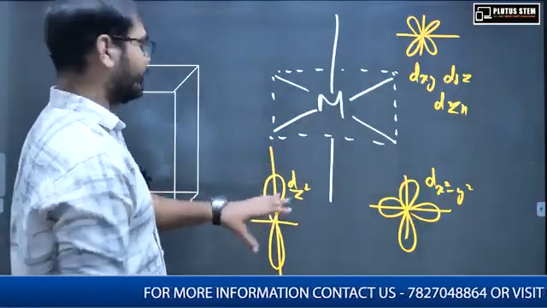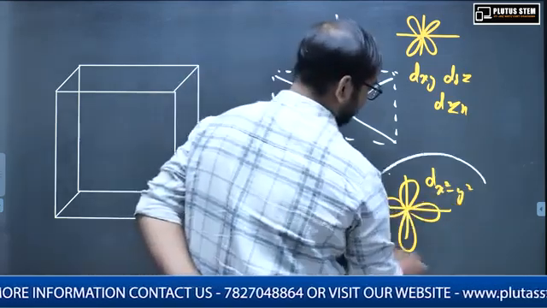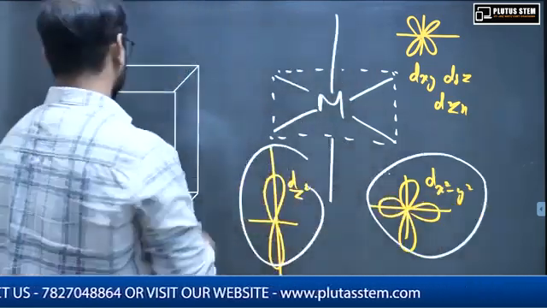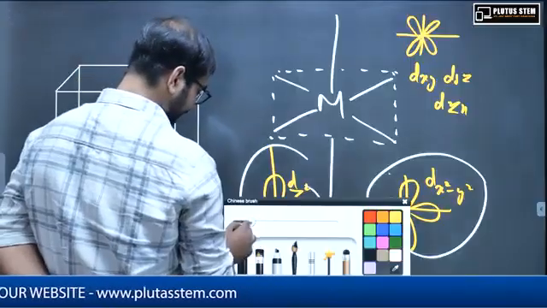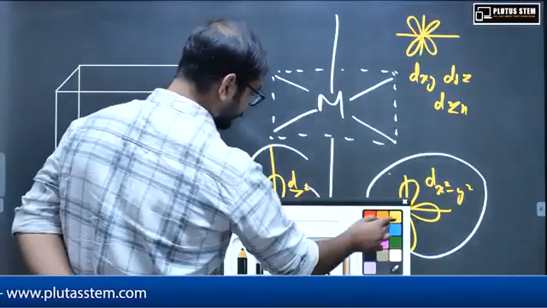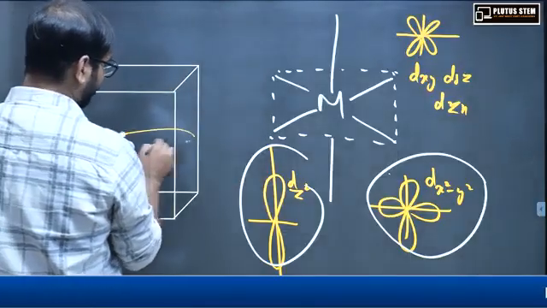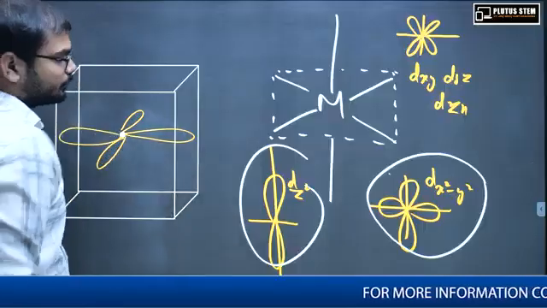So the orbitals that I require should have this geometry, and when these two completely combine, that means if this is the metal center, four of the ligands will be touching four of the faces of the cube.